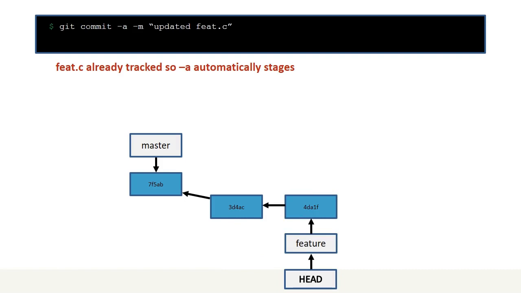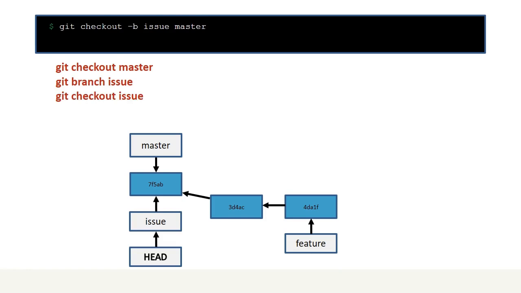The -a is just basically saying that if it's already tracked, go ahead and commit whatever's changed that's being tracked. So it's a little bit of a shorthand. It's not the most precise way of working, but in context, it's okay, I guess. But again, it's just going to create a new commit, and it's going to move the feature and HEAD to point at that new commit.